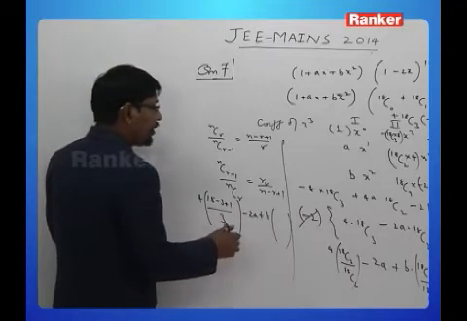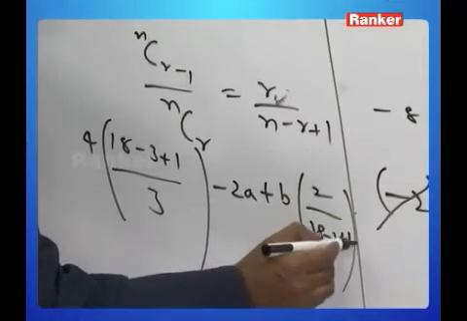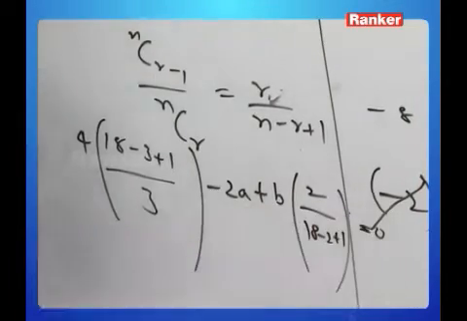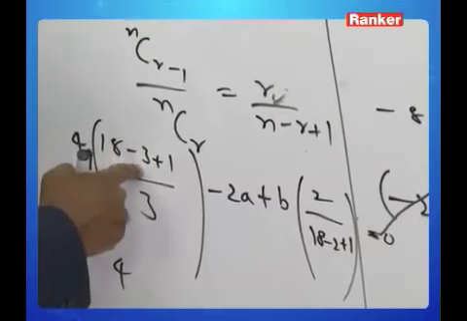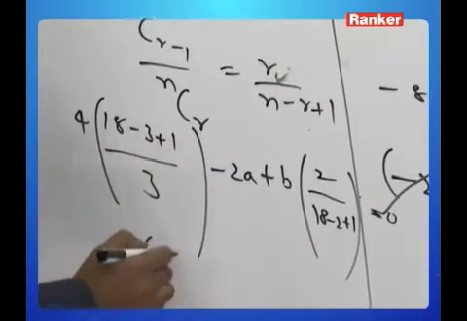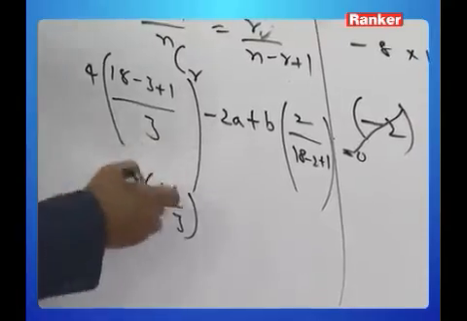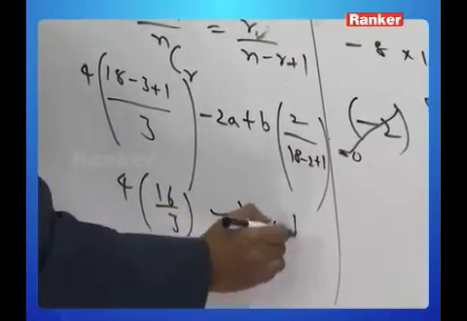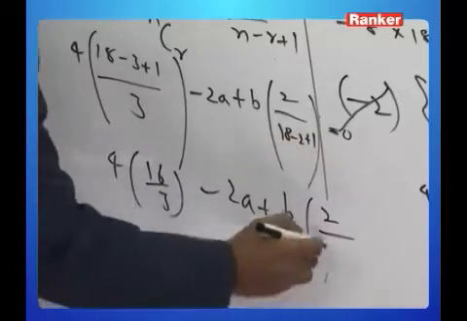So what do we have here? 2 by 18 minus 2 plus 1 is equal to 0. So that makes it 4 into 18 minus 3, 15, 15 plus 1, 16, 16 by 3, minus 2a plus b into 2 by 17 is equal to 0.